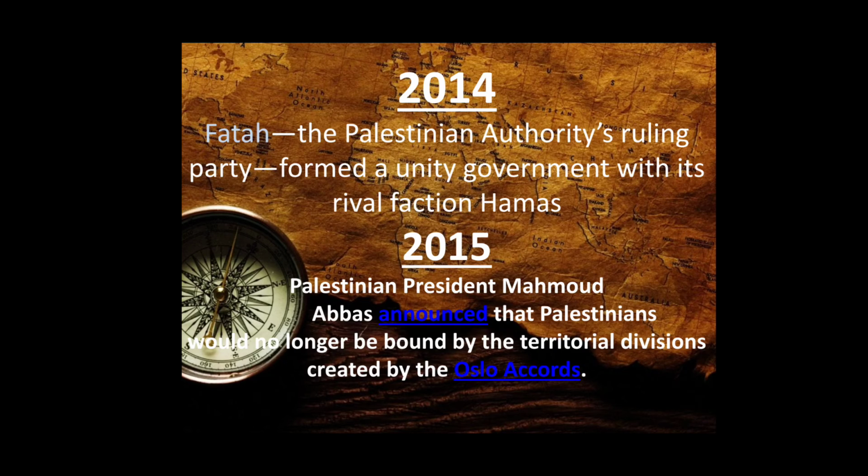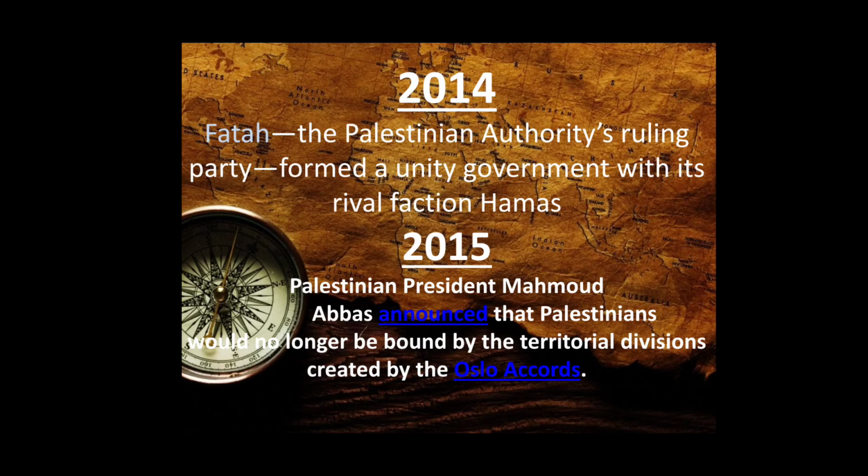In the summer of 2014, clashes in the Palestinian territories precipitated a military confrontation between the Israeli military and Hamas, in which Hamas fired nearly 3,000 rockets at Israel, and Israel retaliated with a major offensive in Gaza.